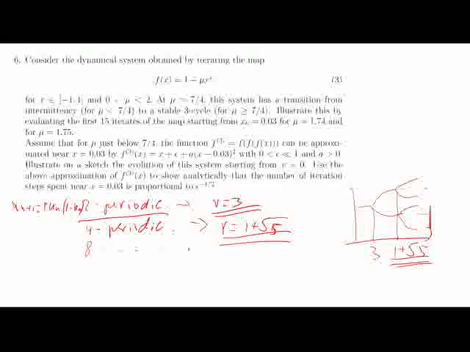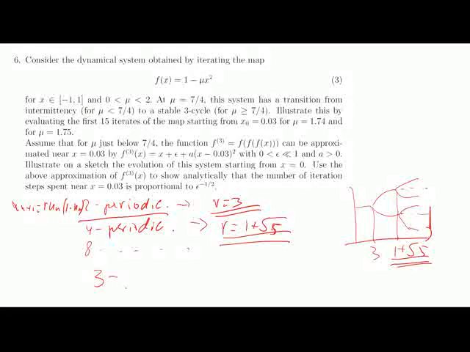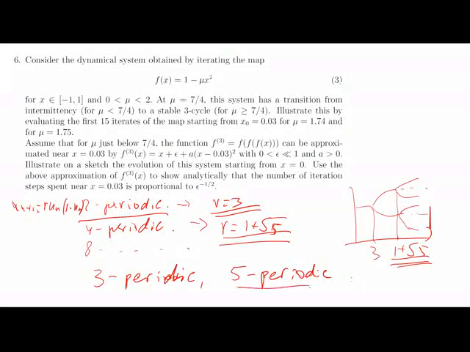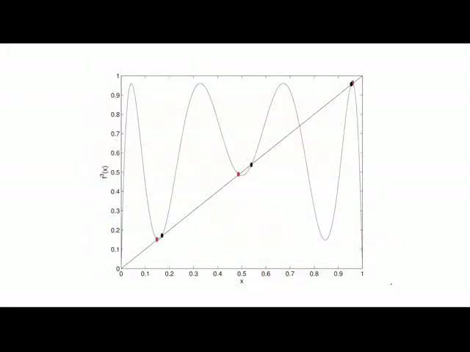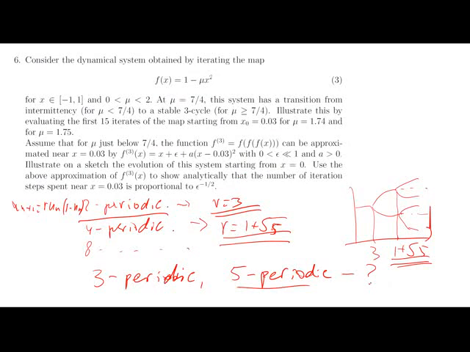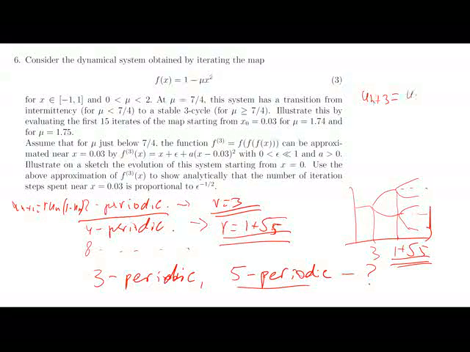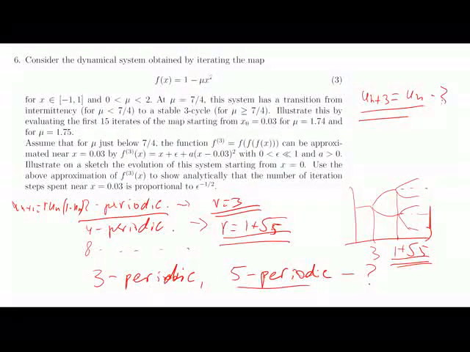But the question is, what about 3 periodic or 5 periodic? How to find them? It is the same procedure as before. So for 3 periodic, u_{n+3} = u_n.